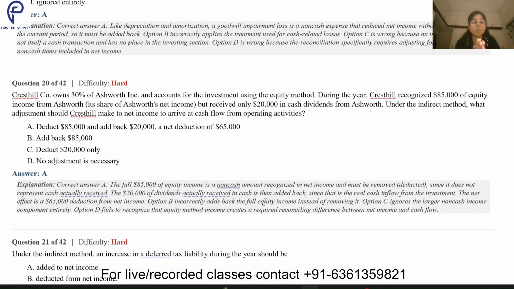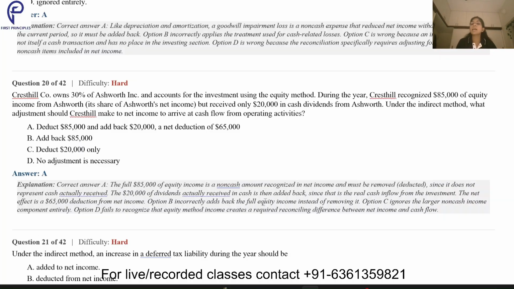So Crest Hill Company owns 30% of Ashworth Incorporation and accounts for the investment using the equity method. During the year, Crest Hill recognized 85,000 of equity income from Ashworth, its share of Ashworth's net income, but received only 20,000 in cash dividends from Ashworth. Under the indirect method, what adjustment should Crest Hill make to net income to arrive at cash flow from operating activities?